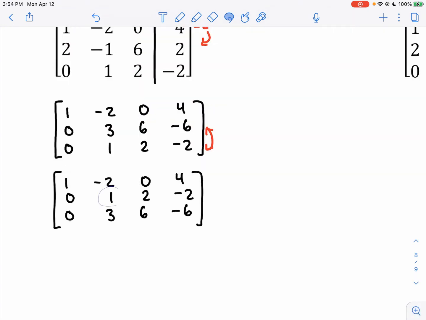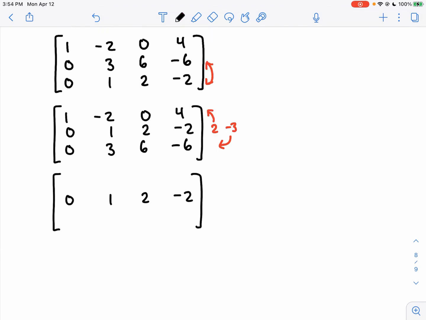That gets me a leading 1 in this position right here. I'm going to use that leading 1 now to make this a 0 below, and this a 0 above. So I'm going to do row operation 3 twice. I'm going to double row 2 and add that to row 1, double it temporarily, and then I'm going to multiply row 2 by -3 temporarily and then add it to the third row.